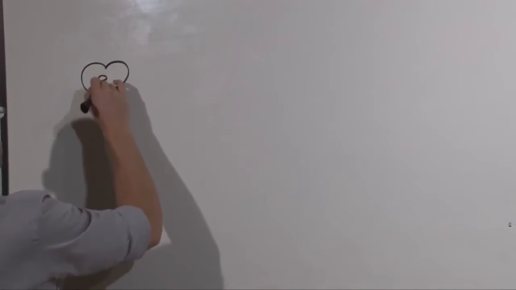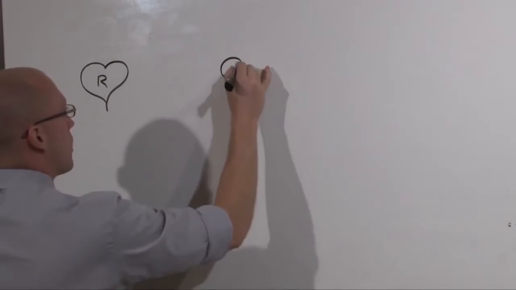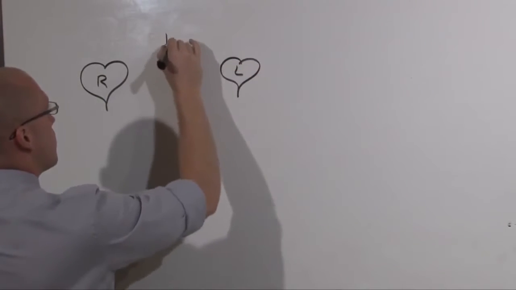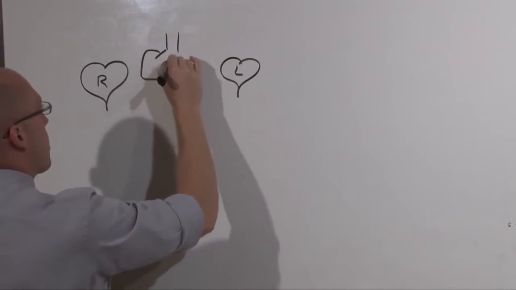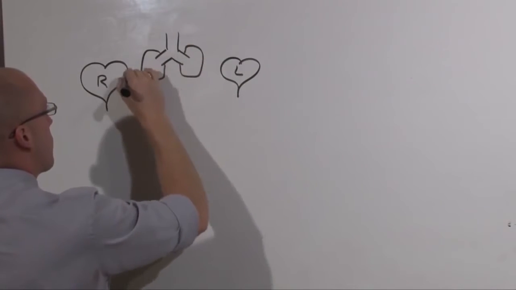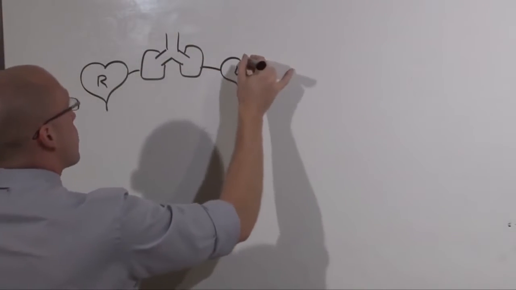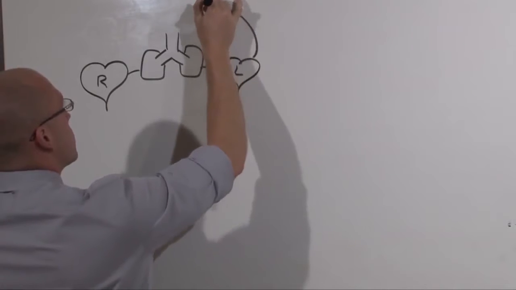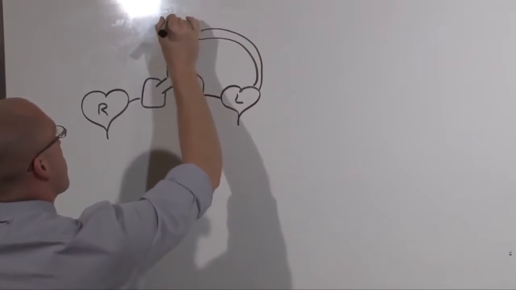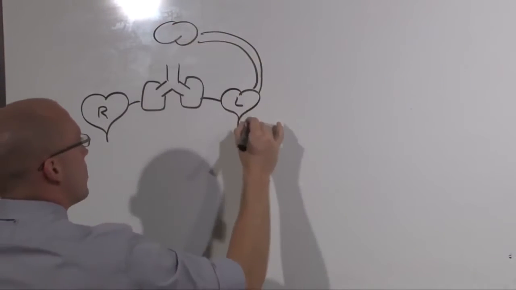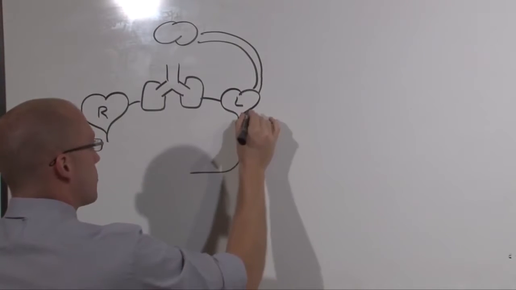You have a right heart and a left heart. In between are the lungs. The left heart is then connected to the brain and to the rest of the body.